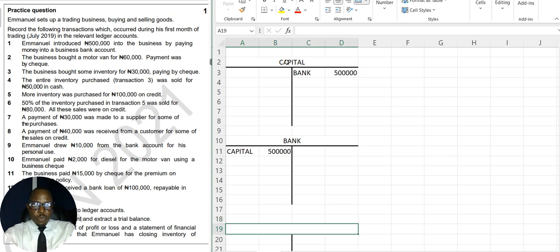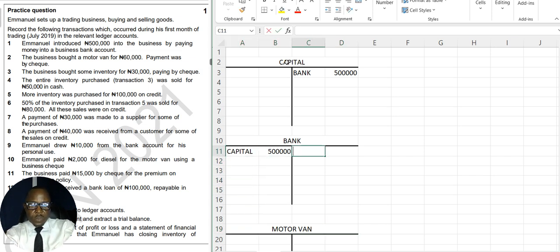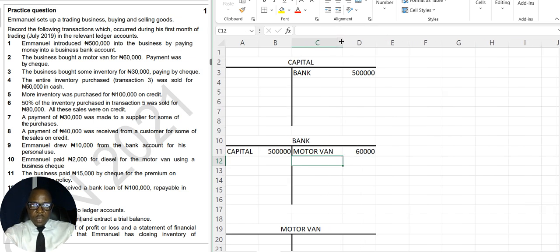So we're going to have a motor van ledger, and we were told that it was through check, that is, bank gave to motor van. So you write here motor van, and the next thing is how much? 60,000.